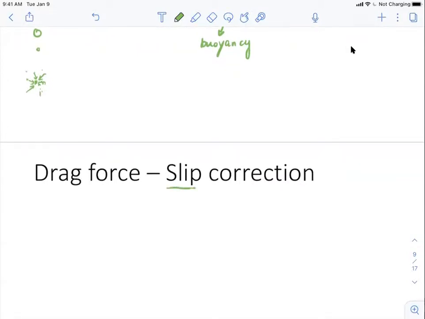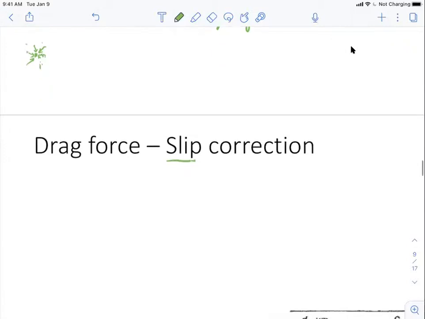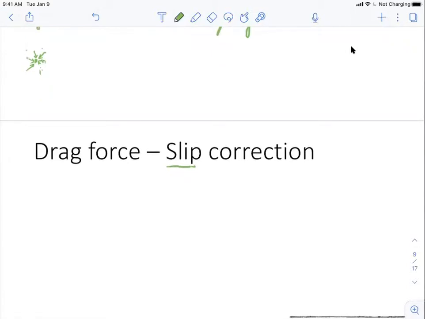When the particle gets really small, it cannot have a very large drag force anymore, because the gas molecules are not getting into good contact with the particle. So we add this slip correction into the picture, and we define a parameter called the Cunningham slip correction factor.